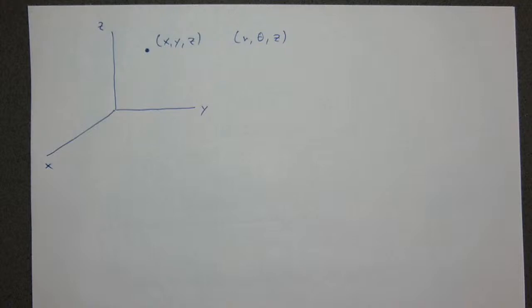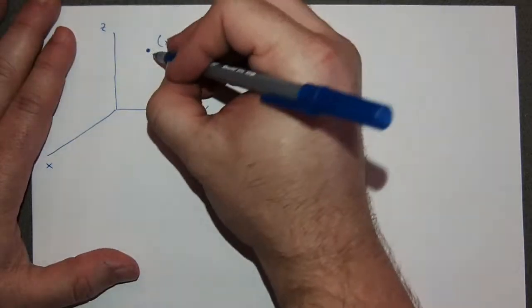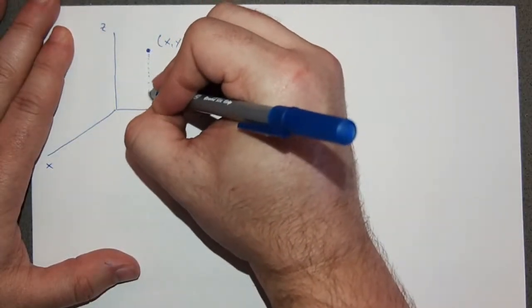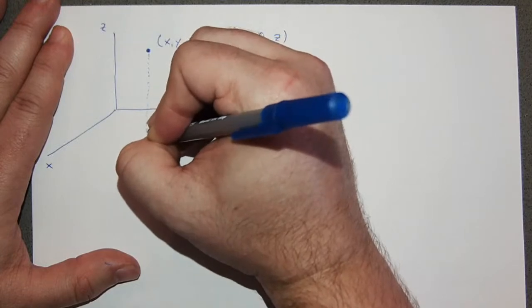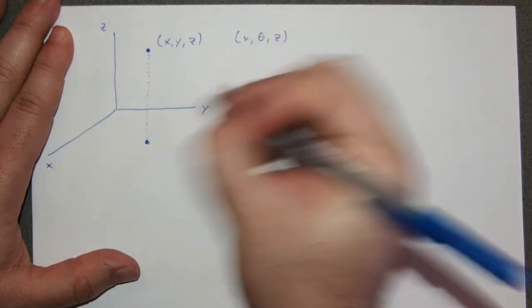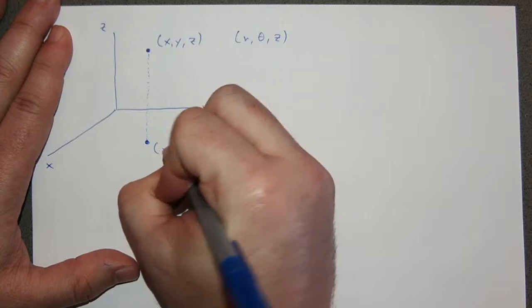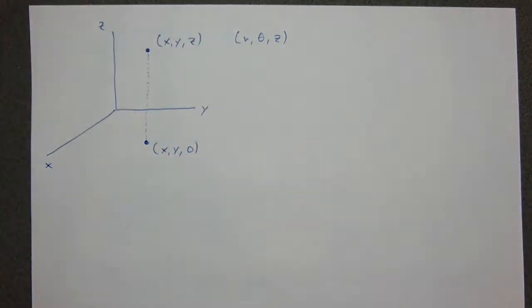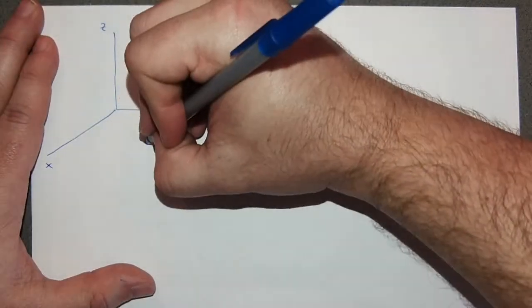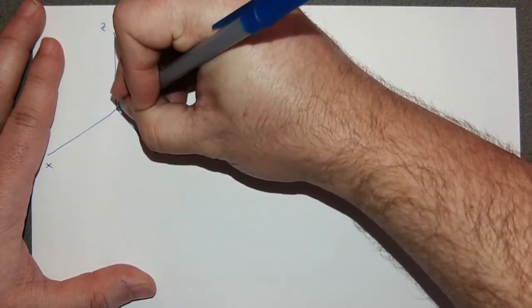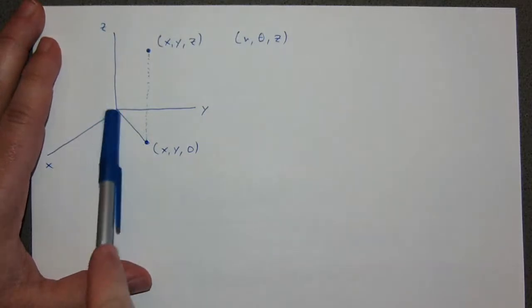The idea is that if I project this point down to the xy plane, then we're at the point x, y, 0. In the xy plane, there is a distance from this projected point to the origin.